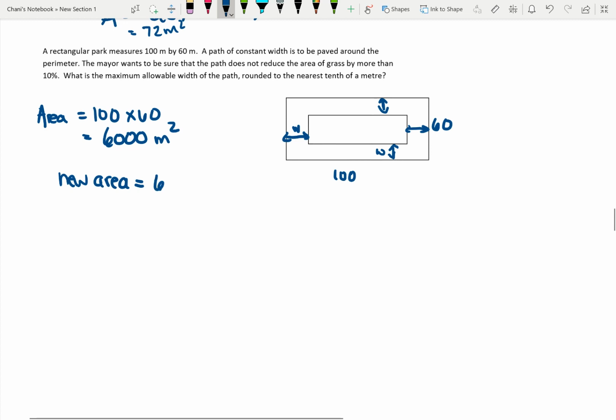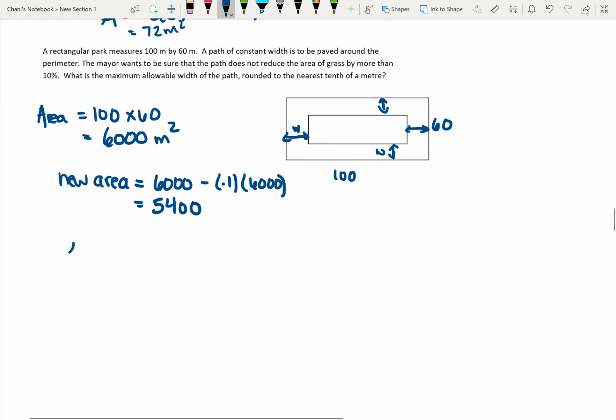So we take 6,000 and subtract 10%, or 0.1 of 6,000 to find out what our new area is. So that would be 5,400. So we want to find out what width will give this new park an area of 5,400 meters.